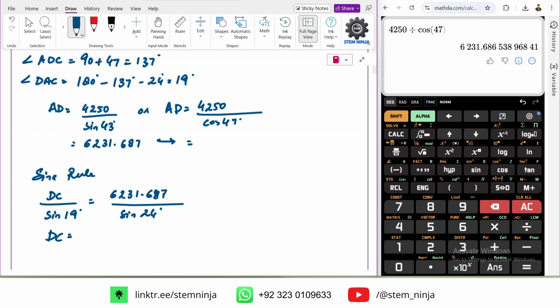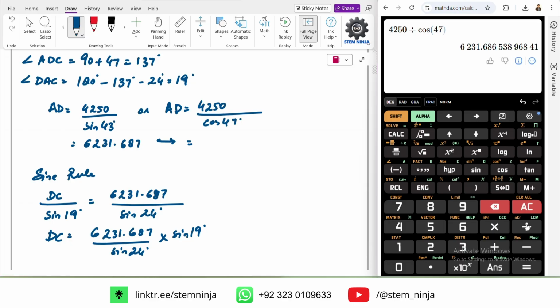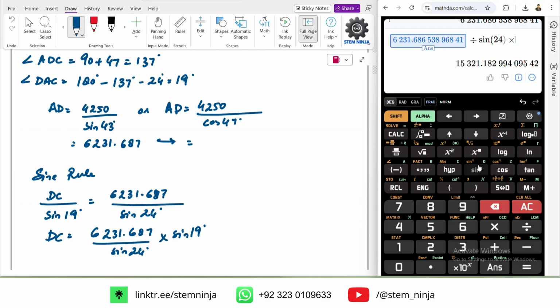So DC would therefore be 6231.687 over sine of 24 degrees times by sine of 19 degrees. So this divided by sine of 24 degrees times by sine of 19 degrees.